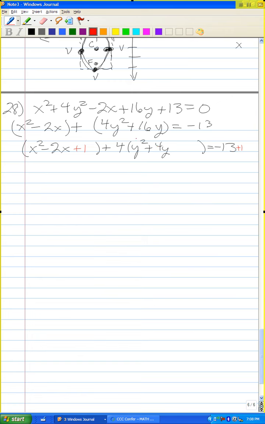4 divided by 2 is 2. 2 squared is 4. So let's add 4 to both sides of my equation.